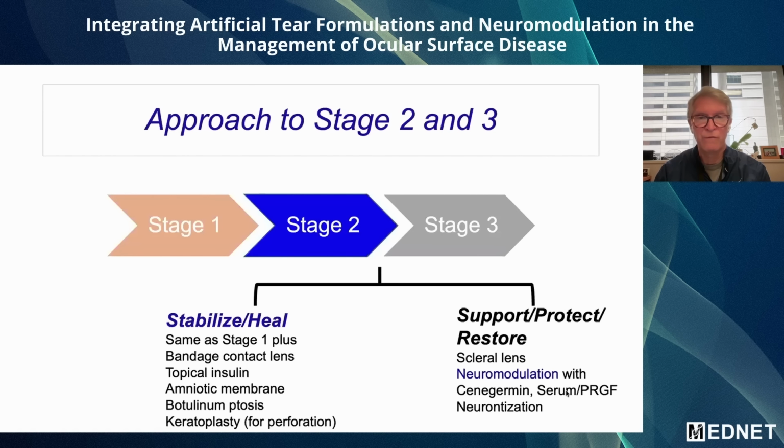Keratoplasty should be reserved for severe corneal thinning, descemetocele, and perforation. And then the same neuromodulatory therapies that we discussed. Neurotization can also be considered, particularly in those conditions, like I mentioned, that have little chance of actually recovering their own innervation.